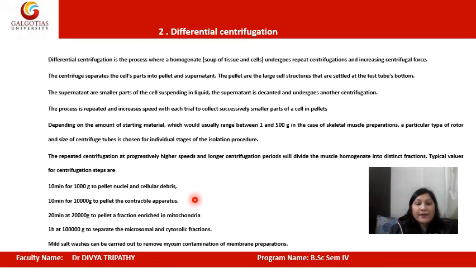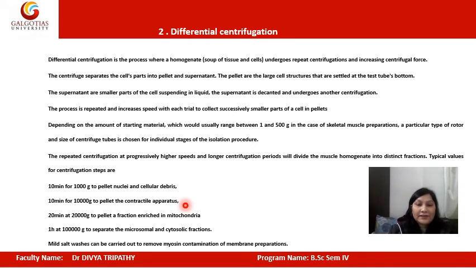Now, we will separate this nuclei and cellular debris pellet from the tube, and the supernatant will be subjected to another cycle of centrifugation that will be 10 minutes at 10,000 G. In this cycle, the contractile apparatus will form a pellet.